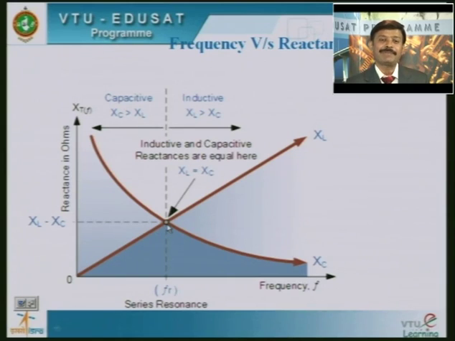This is the intersection point. Here XC is greater than XL, so the circuit is highly capacitive in nature, and here the circuit is inductive, where XL is greater than XC.